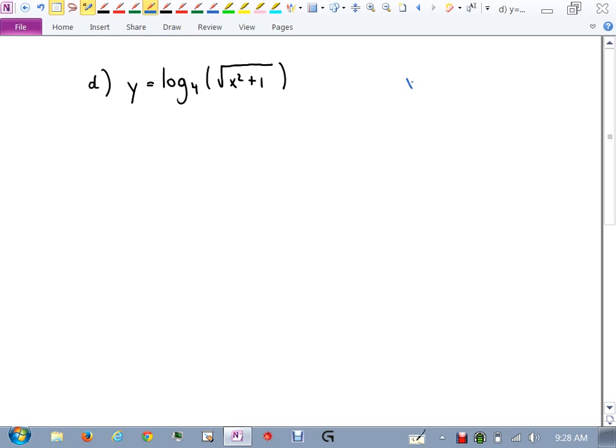If I ask you, if y is equal to log base 4 of, let's say, u again, then what is the derivative of that? So you go to your formula sheet. What is the derivative of log base a of x?